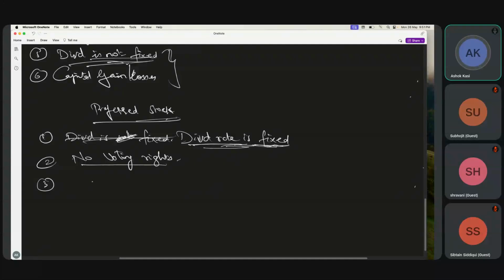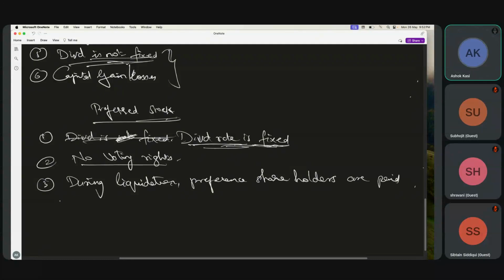Fine, no voting rights. Then during liquidation, preference shareholders are paid before equity holders.